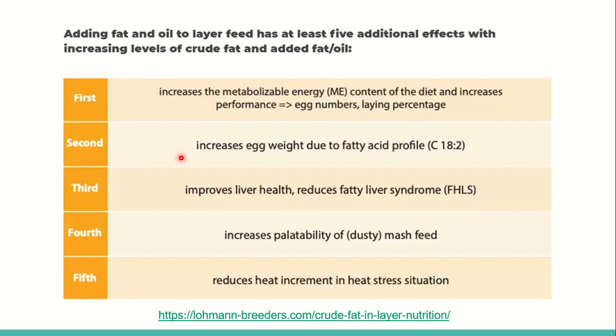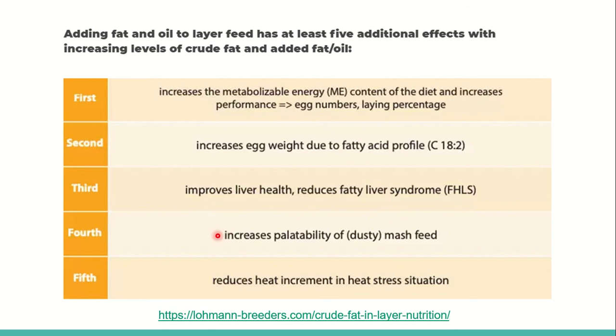Number 2 effect is increased egg weight due to fatty acid profile. Third, improves liver health and reduces fatty liver syndrome. Fourth, increases palatability of dusty mash feed. Okay. Number 5, kasi nga, most especially kapag kumakain kayo ng baka, ano yung hinahanap?